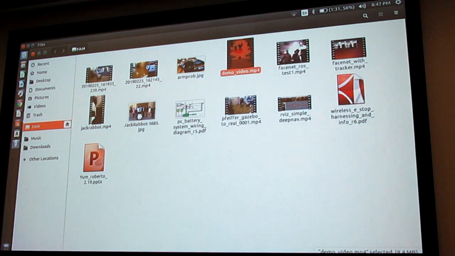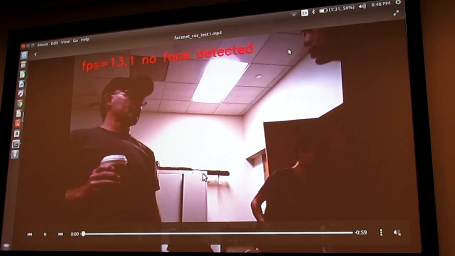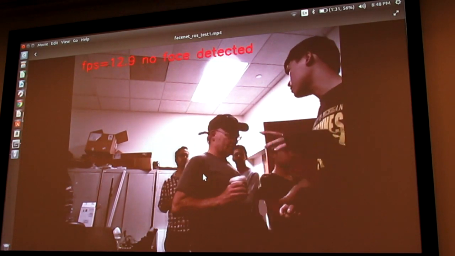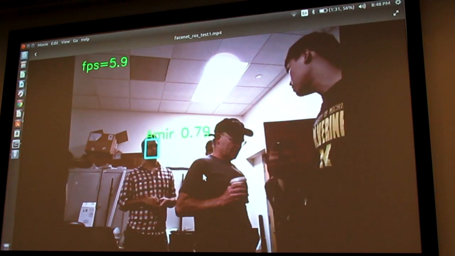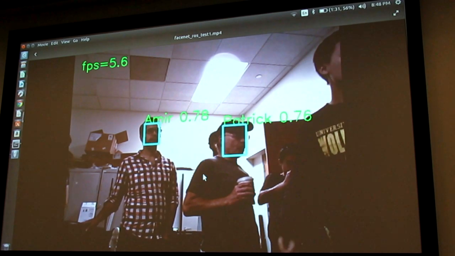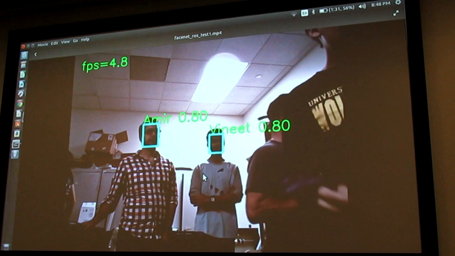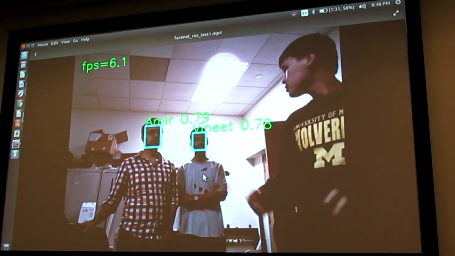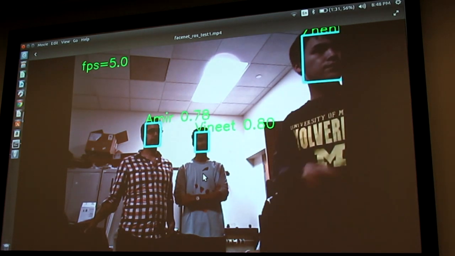So here's some of the other things we're doing. We're looking at emotions and tracking faces. So when it detects a face, it's trying to do facial recognition? Yeah, it's recognizing faces of people.